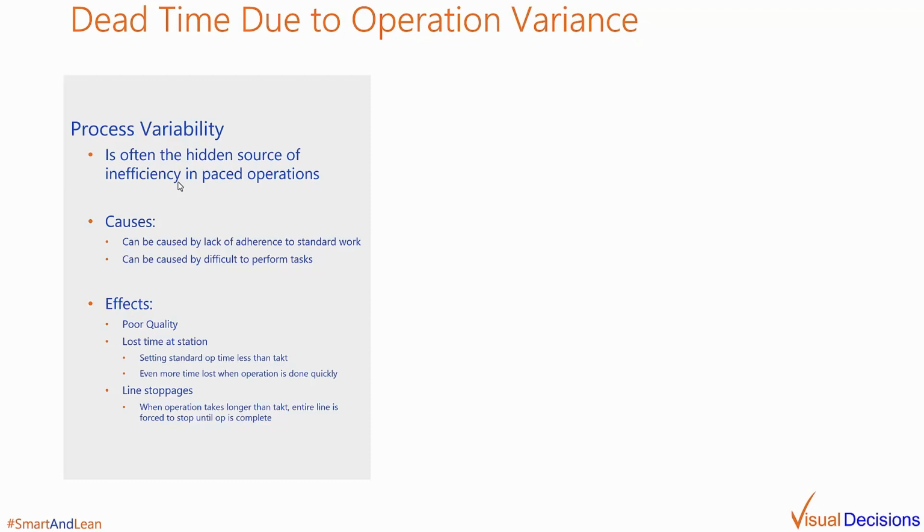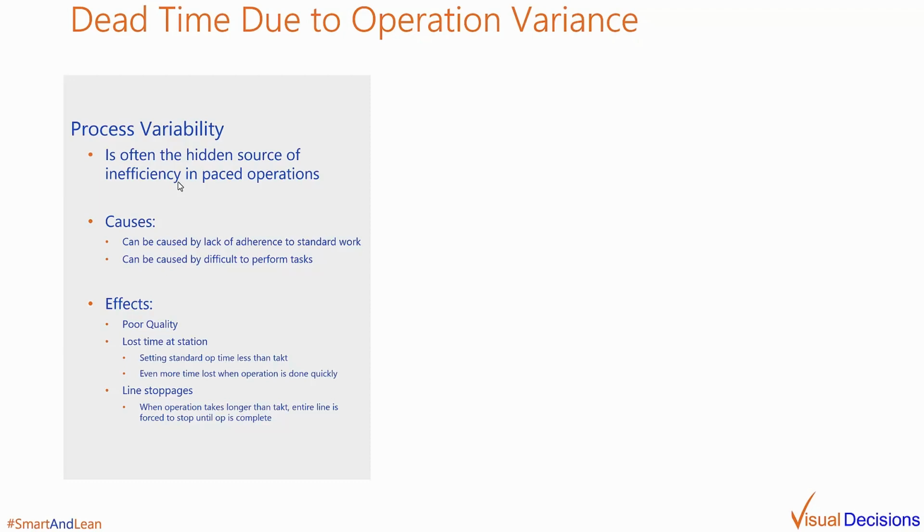But the effects of variability within that station are going to be poor quality, lost time at that individual station, where setting the operation time less than the takt in order to be able to accomplish it most of the time, and even more lost time when the operation is done quickly. And I'll show you what I mean by that in a minute.